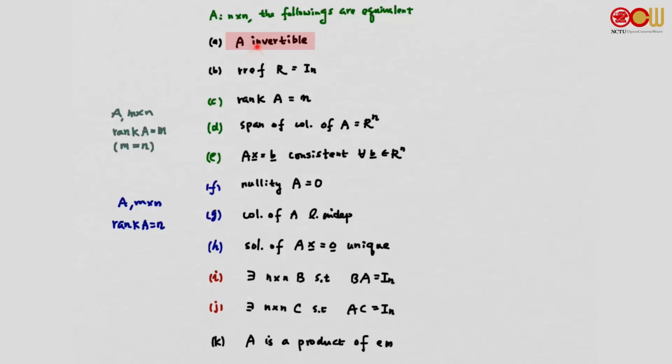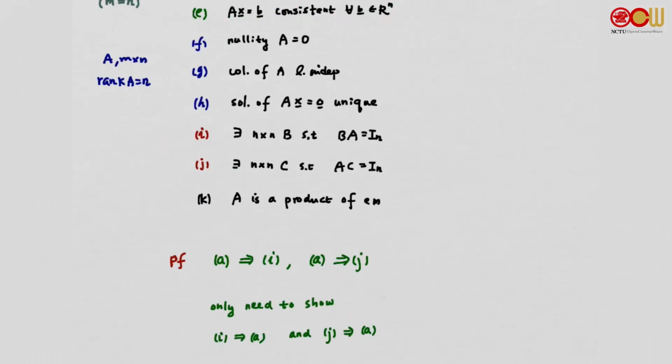If A is invertible, then of course there exists B such that BA is the identity matrix, so A implies I. And similarly, A implies J as well. So we already know that A implies I and A implies J. We only need to show that the converses are true: I implies A and J implies A.